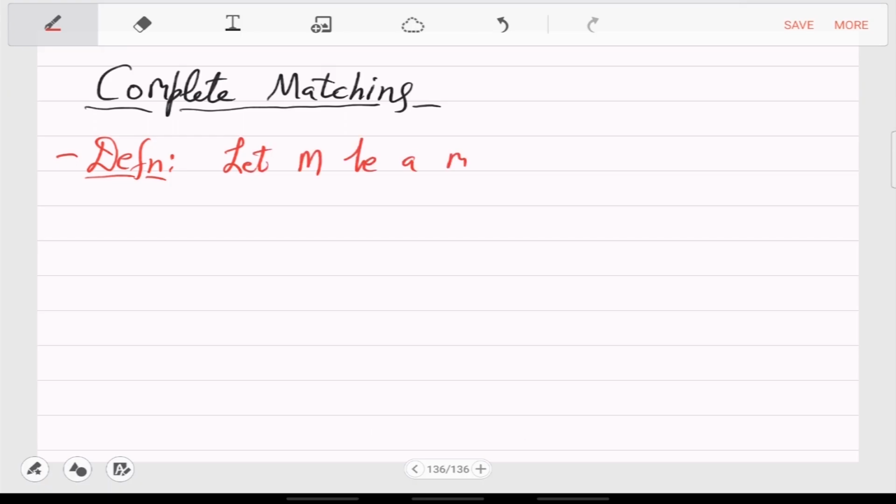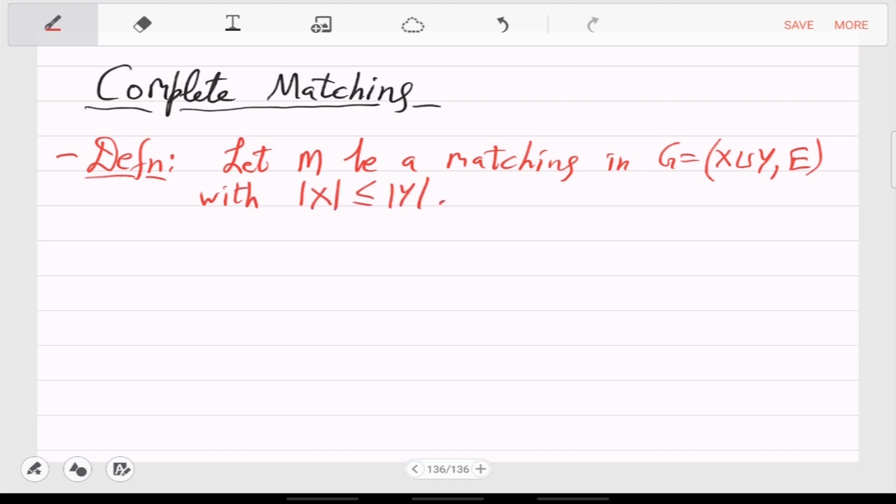Let M be a matching in the graph (X, Y, E), with, let's say, without loss of generality, the left vertex set X at most the size of the right one, Y. So in this case, theoretically the maximum matching possible is the one which covers all the X vertices, right?